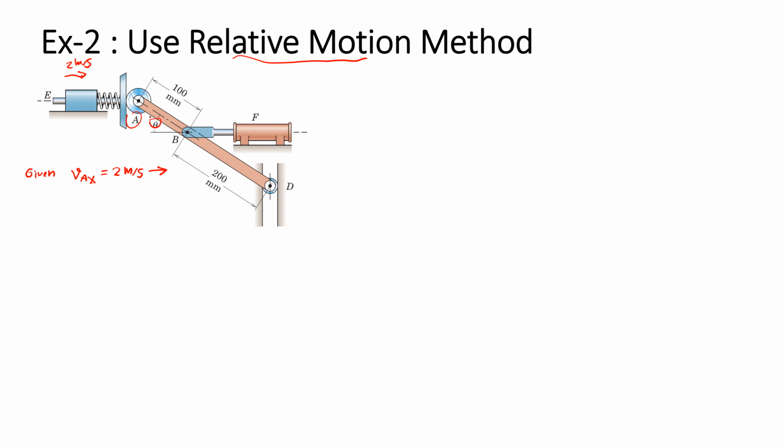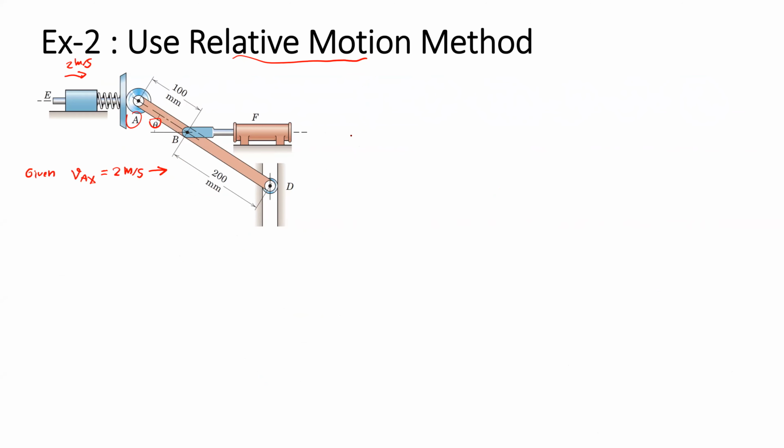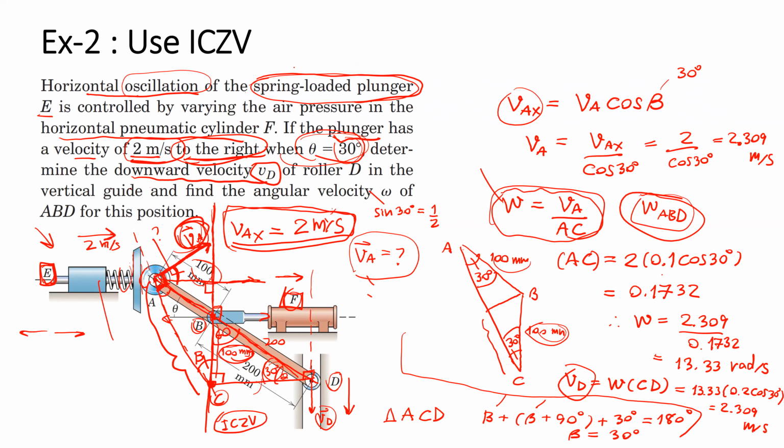And we know at this position, the theta is 30 degrees. What we need to find? We need to find the downward velocity of the roller at point D. And we need to find the angular velocity omega of the link ABD.